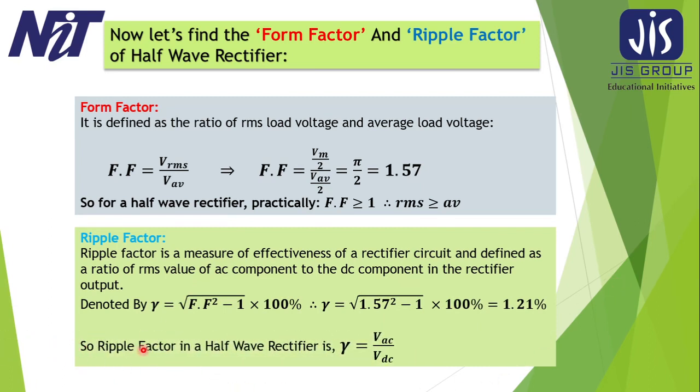So the ripple factor in a half wave rectifier is defined by gamma. It will be found as VAC by VDC, which comes in a factor form as 1.21, or you can say as a percentage by multiplying by 100%. So you will get 121%.